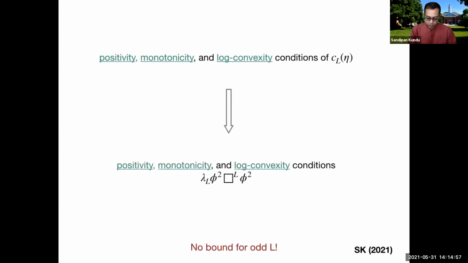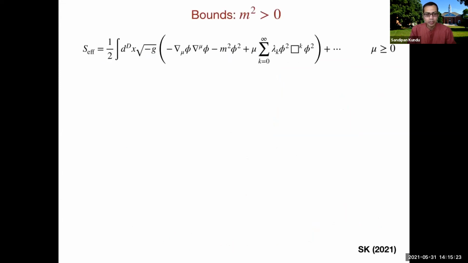In fact, this proportionality relationship immediately implies that positivity, monotonicity, and log convexity conditions of C_L coefficients imply positivity, monotonicity, and log convexity conditions for even lambda_L interactions. But as I said, there is no bound for odd L. More specifically, let me show you the exact bounds.